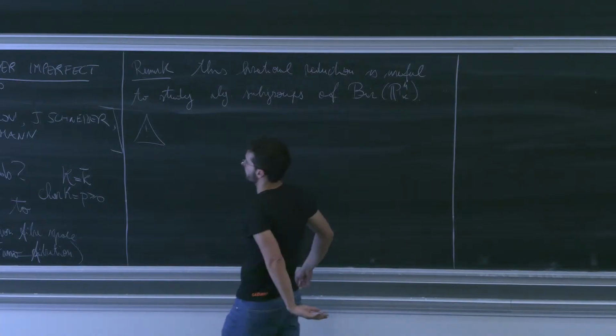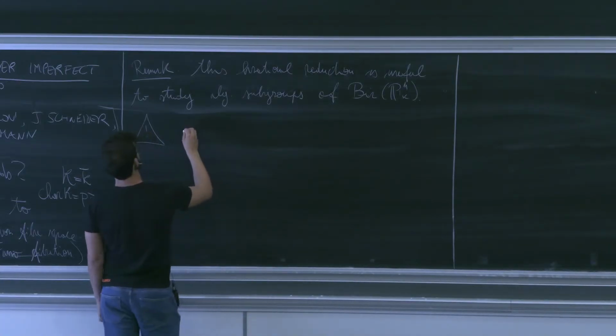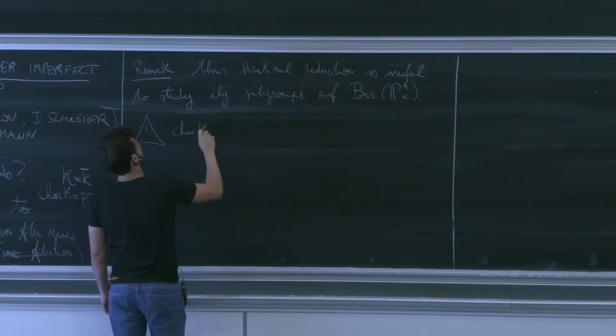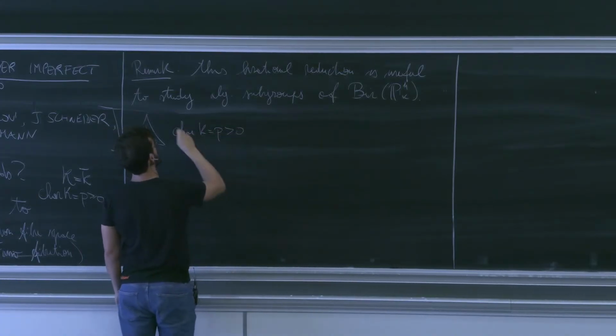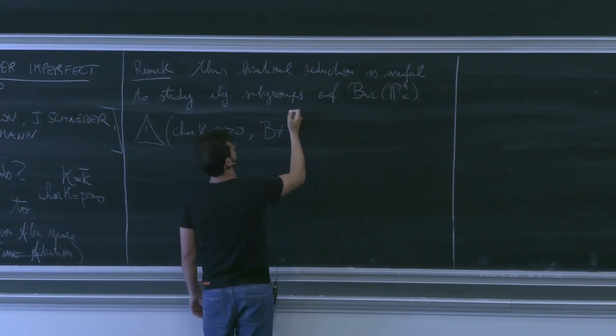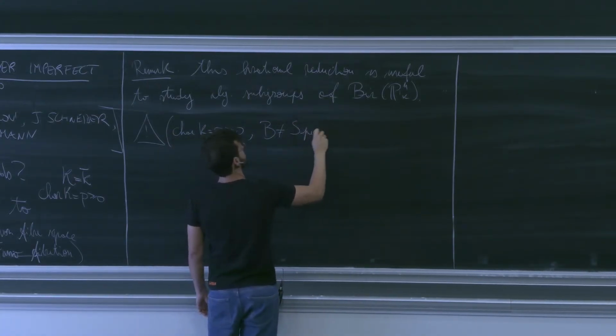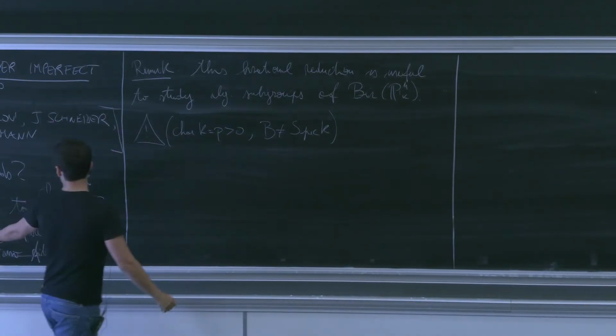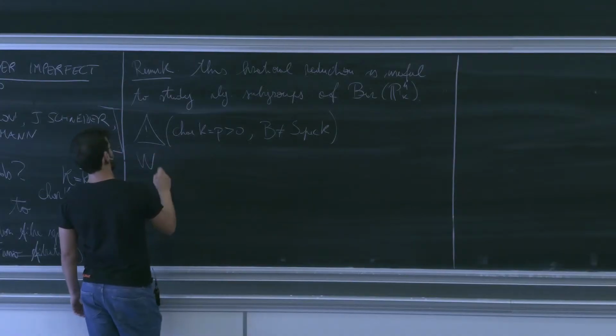And so why do I talk about this? If you assume that the characteristic of k is positive, and say that B is not just a point, then you can look at the generic fiber of this, over k(B).